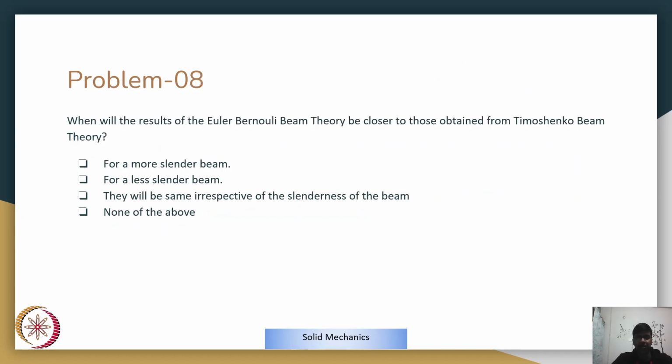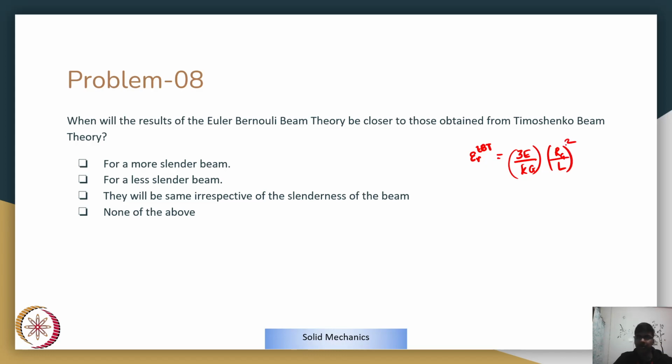Problem number 8. When will the results of the Euler-Bernoulli beam theory be closer to those obtained from the Timoshenko beam theory? In case of both the Euler-Bernoulli beam theory and the Timoshenko beam theory, we obtained a formula for the relative error of the Euler-Bernoulli beam theory, and that turned out to be 3E by kG into (rg by L) whole square.